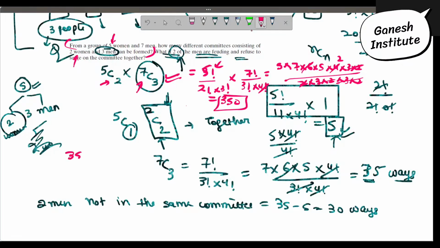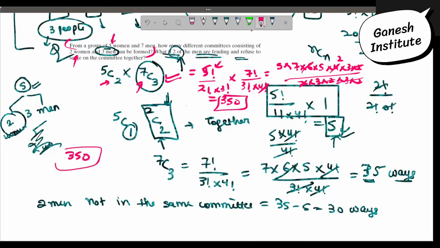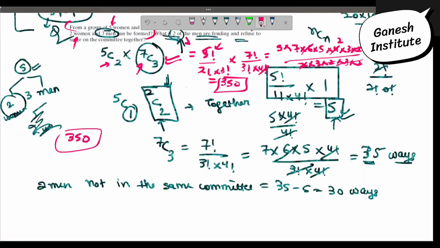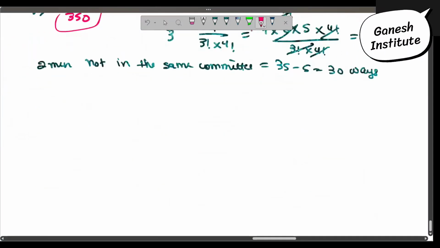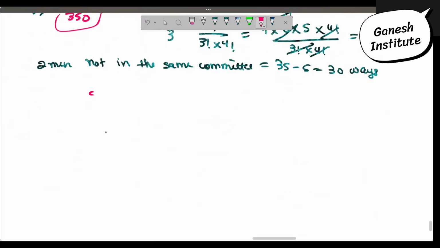Out of these 350 ways, I need to find out how many ways can be there when those 2 men cannot be together. So what I'll do is find out when 2 men are together.